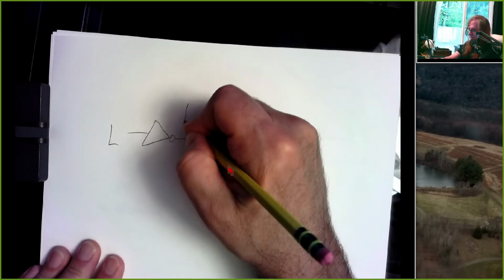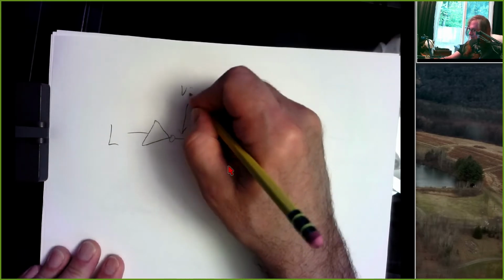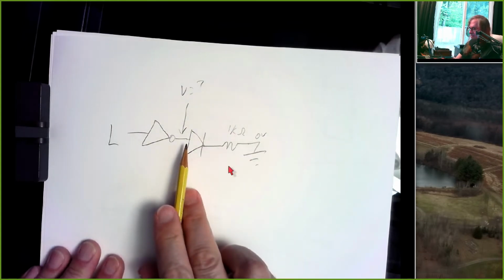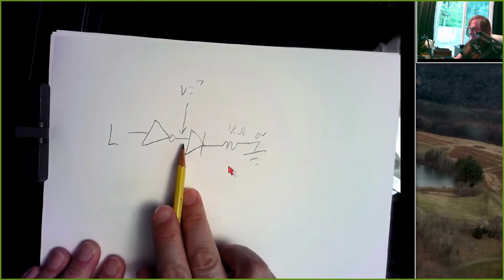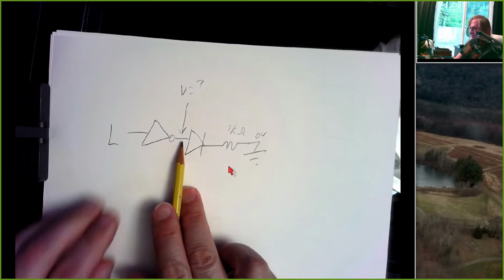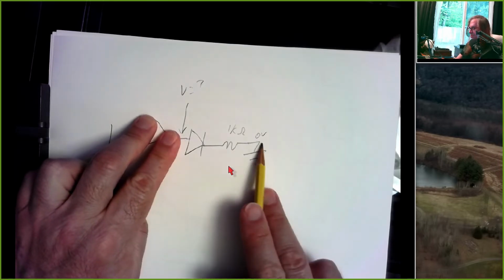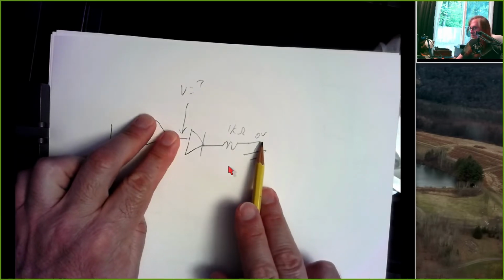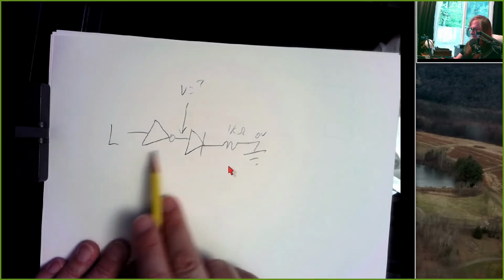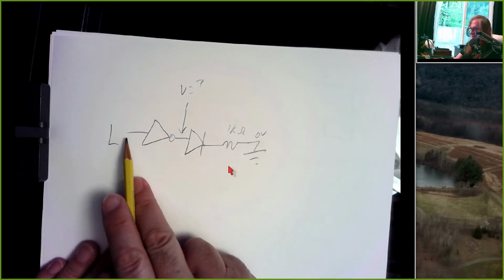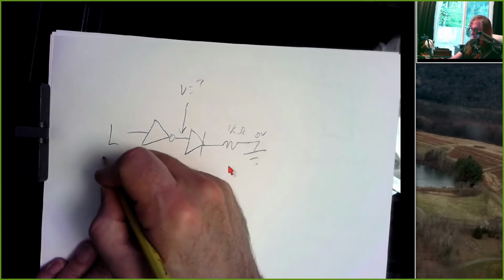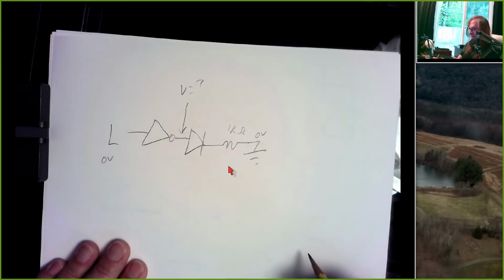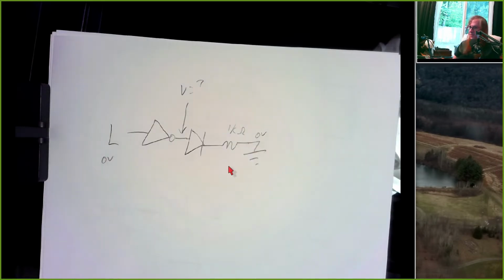And so the question is, what is the voltage at the input of this? And if this is 0 volts, then you've got 0 volts here, 0 volts here. There's no current flow. But this is an inverter. We said the L is 0 volts. It's logic 0. And if you put 0 volts into an inverter, what do you get out of the inverter? What's the output?